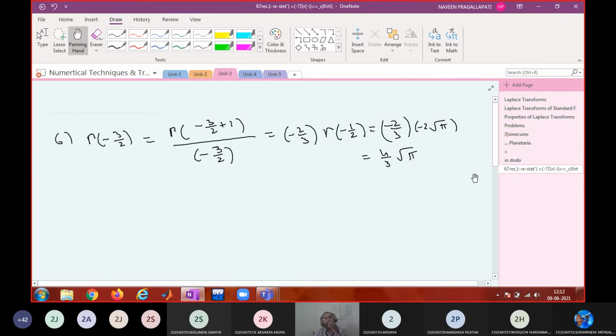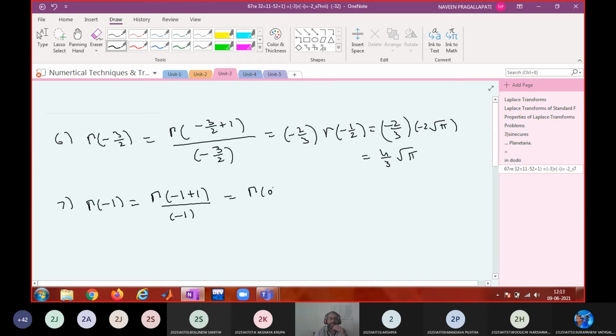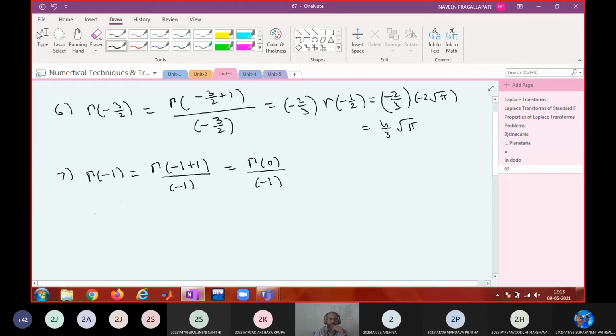So gamma function can be extended to negative values, but will it be different for every negative value? Suppose I want gamma of minus 1. What is gamma of minus 1? Gamma of minus 1 plus 1 by minus 1, so this is gamma of 0 by minus 1. But what about gamma of 0?